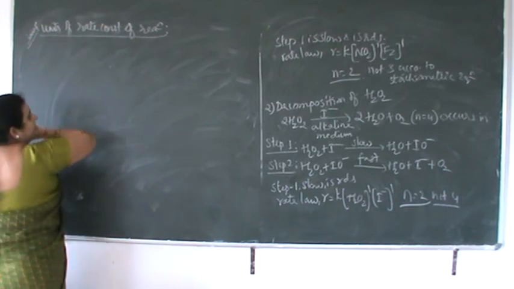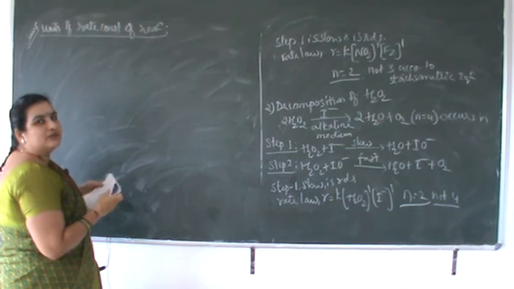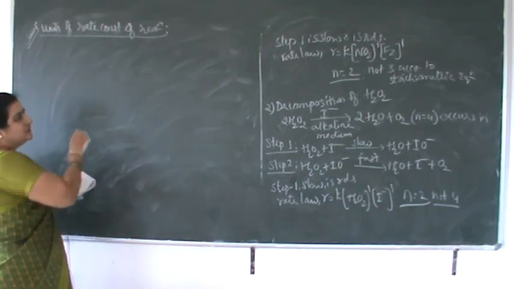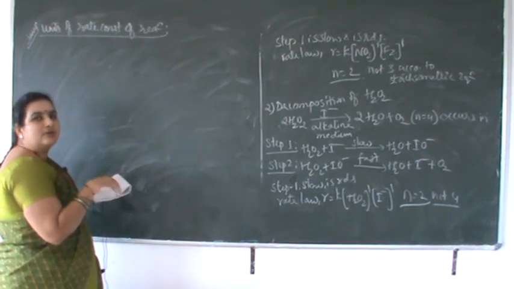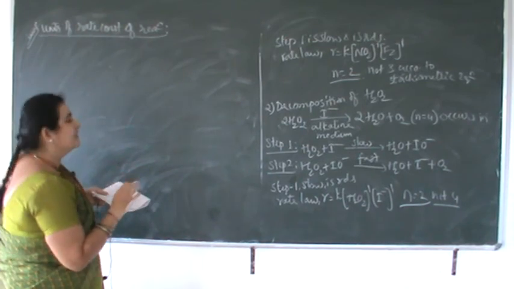So in the assignment, one question was that I gave you the unit of rate constant and asked you to calculate the order of the reaction. So if you study this column in detail, then it will be easier for you to get the order of the reaction from the unit of rate constant.